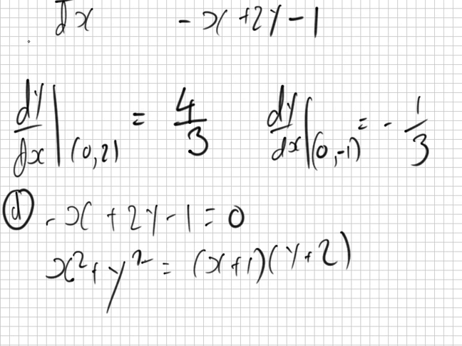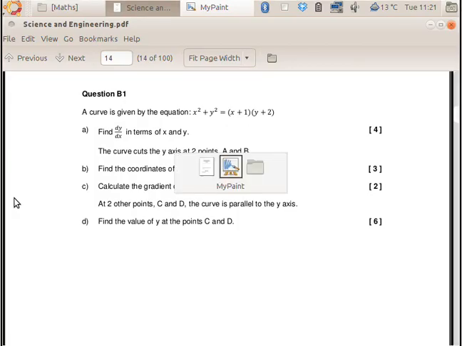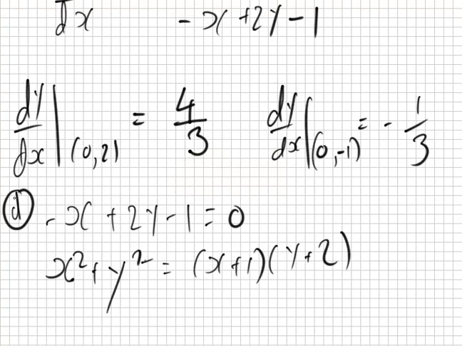Now I think the easiest thing would be if I take this. Well, actually, firstly, does he want the points or does he just want the x and the y? Find the y. So because he just wants the y, that means I can get rid of the x and solve for y. So if I take this x here to the other side, I get x equal to that. I can substitute it into this.